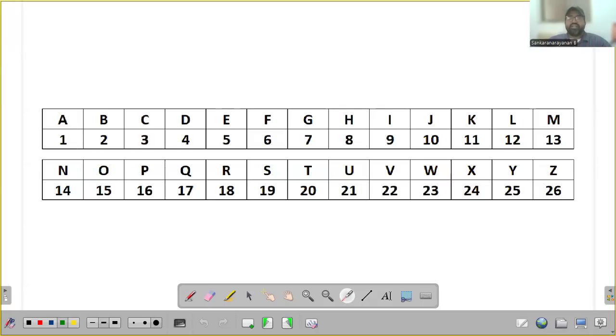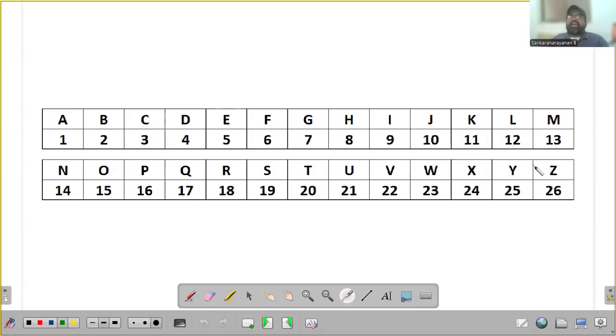A is considered or coded as 1. B is coded as 2. C is coded as 3. D is coded as 4. Like that. M is coded as 13. N as 14. Likewise, T is 20. Likewise, finally, we have Z as 26.